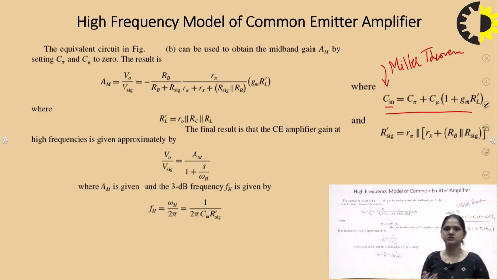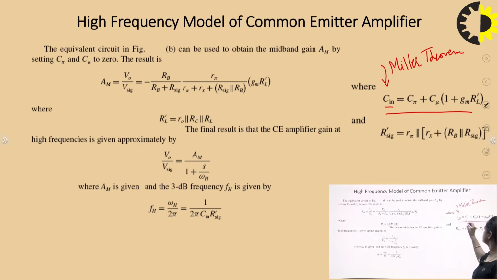If you want to see the derivation for C in, how this expression came, you can refer to the Sedra and Smith book where this derivation is given. But there is no use in deriving C in. You can directly use this formula, which equals C pi plus C mu times 1 plus gm RL dash.